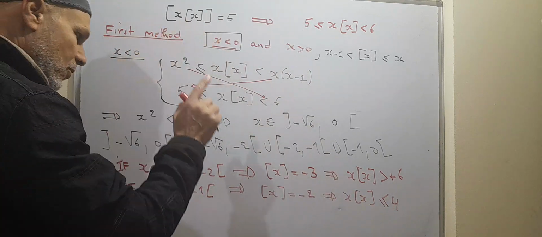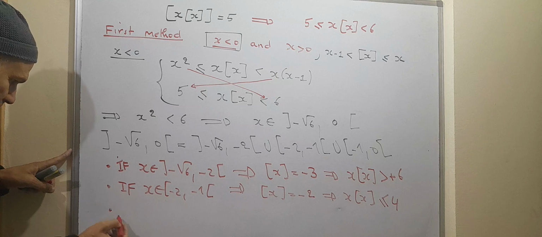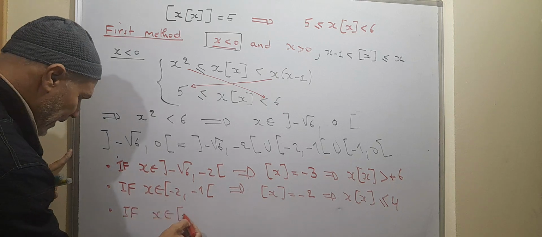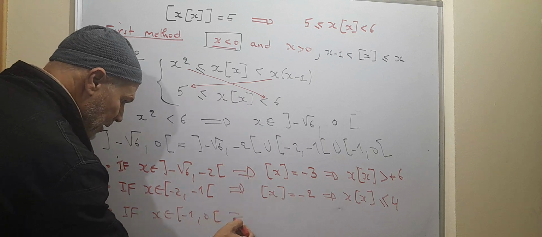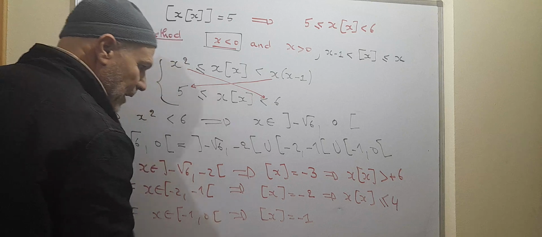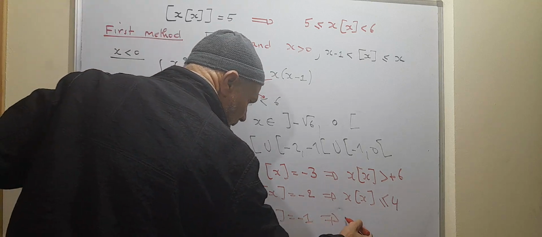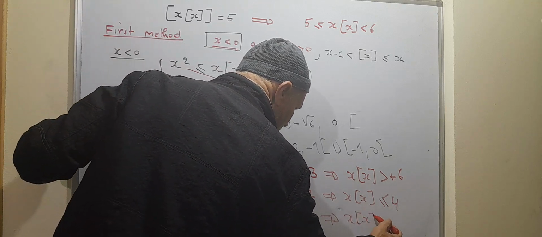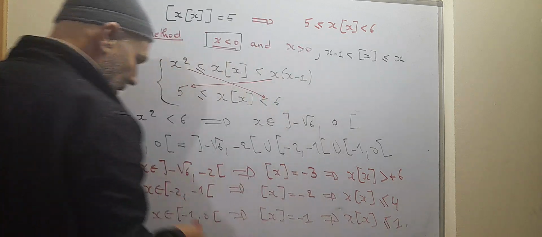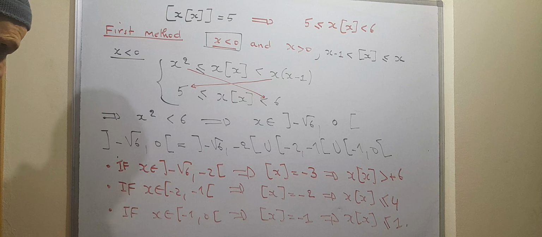So there is no solution. If x belongs to minus 1, 0, then the integer part of x is equal to minus 1, and in this case x times the integer part of x is less than or equal to 1. So there is no solution. We have no solution.